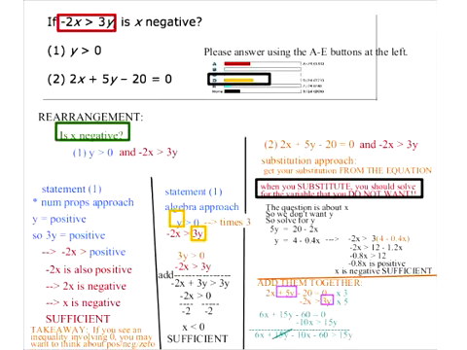And if you do, you wind up with negative 4x minus 60 is greater than 0. So that means that negative 4x is greater than 60. And if you divide by negative 4, you wind up with x is less than negative 15. So that's sufficient because that's definitely a negative number.